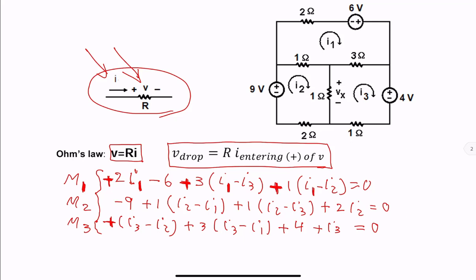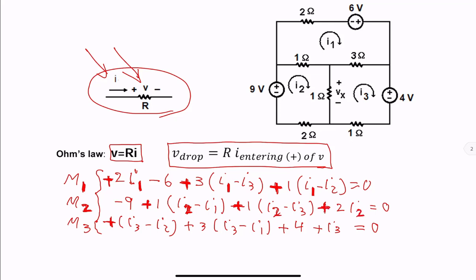So it's always positive I1 for mesh 1. Same thing for mesh 2. For mesh 2, we should get positive I2 or positive I2 minus another mesh current. So that makes checking for a sign mistake pretty easy.